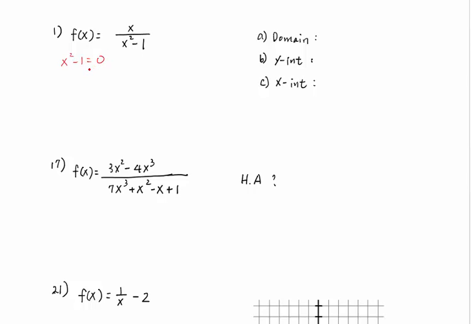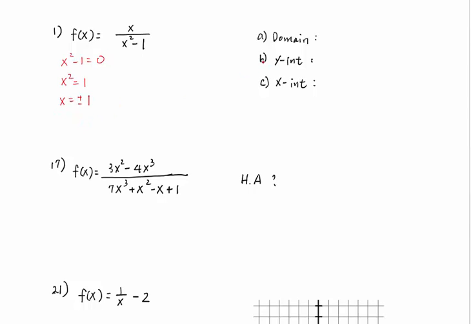So let's set the denominator equal to 0, and let's solve for x. So x is plus minus 1. So we're not saying the domain is plus minus 1. We're saying x can be anything and everything but plus minus 1.